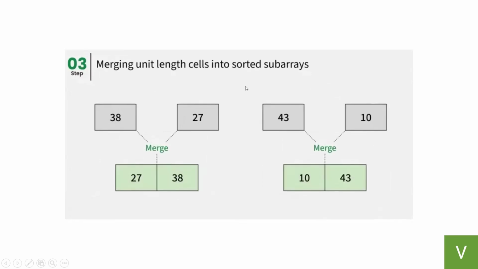So now step 3, merging unit length cells into a sorted array. In the merging process, we consider two pointer variables, let the first be i and the second variable be j. So now let i be 38 and j be 27. Compare both i and j, 38 and 27. Here 27 is smaller, so we will pass that value into the new array and increment the j value.